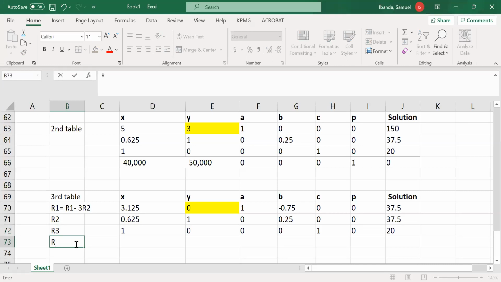Now my row 4 is going to be, remember I used the 50,000 to dictate.